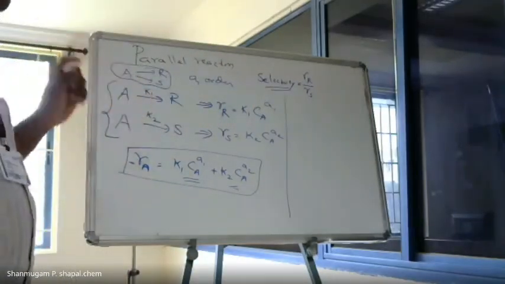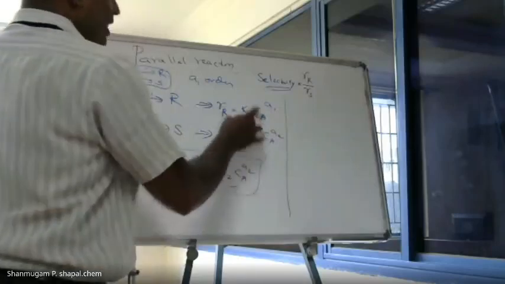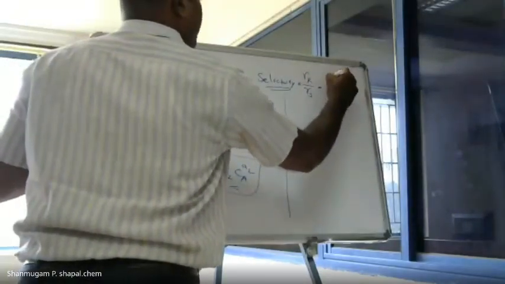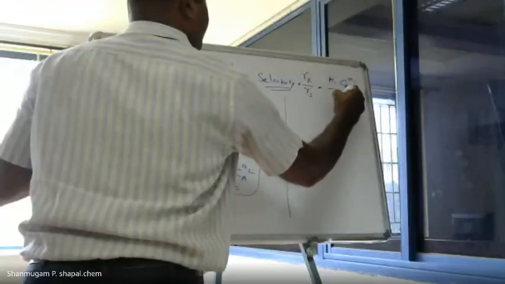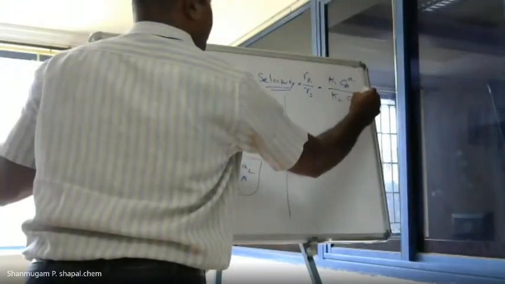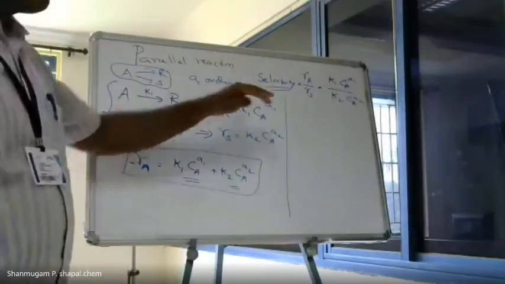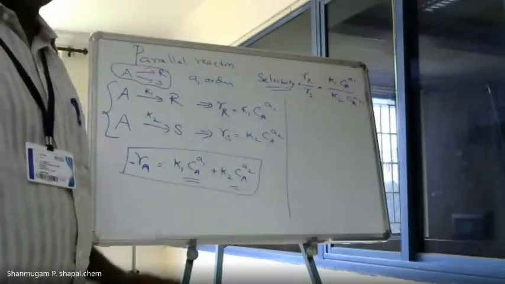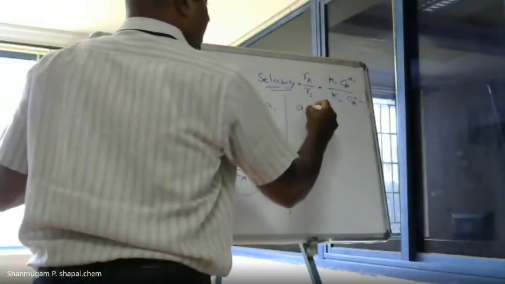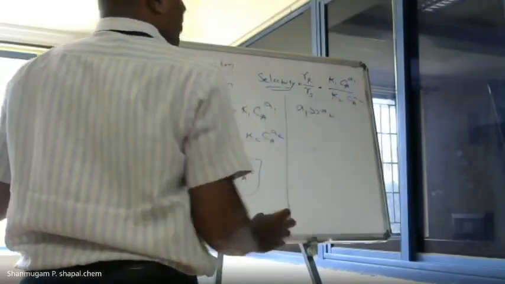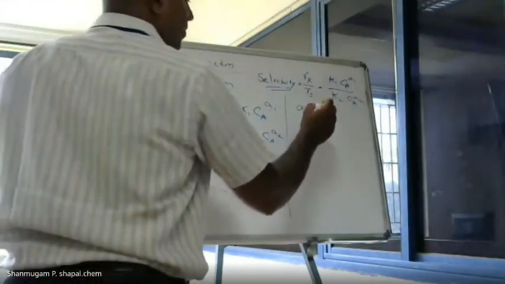In this, if you write the particular rate law here, how does this selectivity get enhanced for the desired product? If A1 is greater than A2, what will happen?